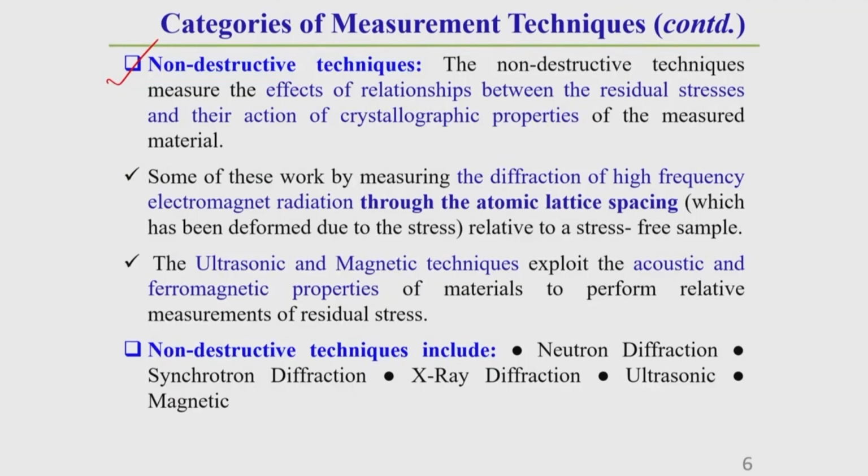That means how the crystallographic change occurs once a body is subjected to some residual stresses. This you should keep it in mind. In some of this work, we measure the diffraction of high frequency electromagnetic radiation through the atomic lattice spacing. So, this diffraction we measure both for a specimen without residual stress as well as a specimen with residual stress.